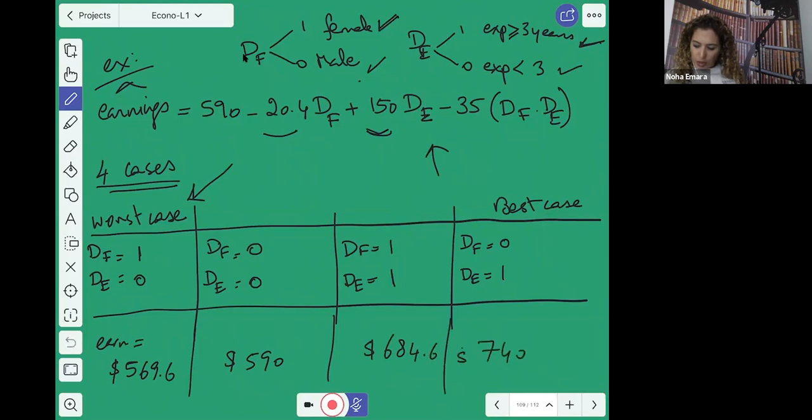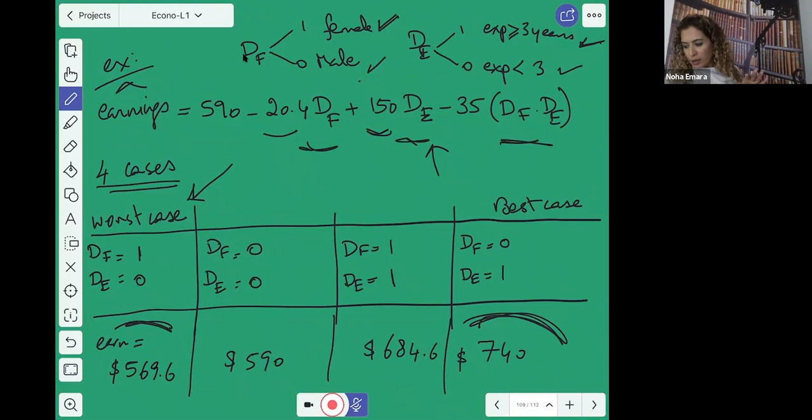And when I say best case, it's because I see the earnings are the highest, and the worst because the earnings are at their lowest point. Okay, so this is about an interaction between two dummies, right? So I have a dummy and I have a dummy and I have their interaction. We're done with this part.